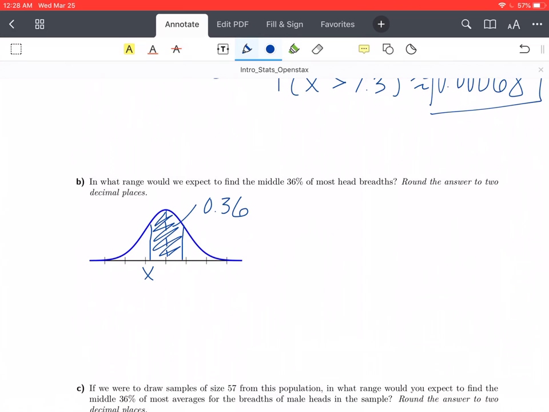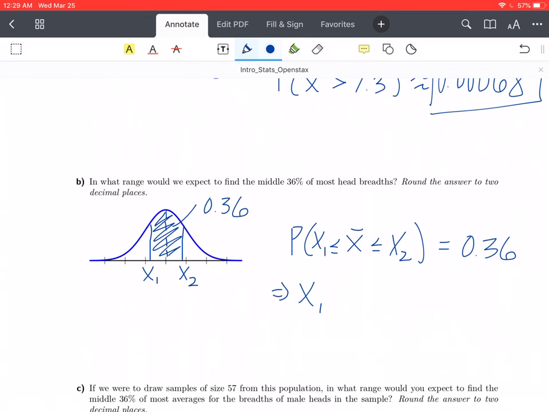So what is the lower value, I'm going to call it x1, and what is the upper value, I'm going to call it x2. Now we know the probability that x bar is between x1 and x2 is 36%, so 0.36. The question now is, what are x1 and x2? We need to find x1 and x2.